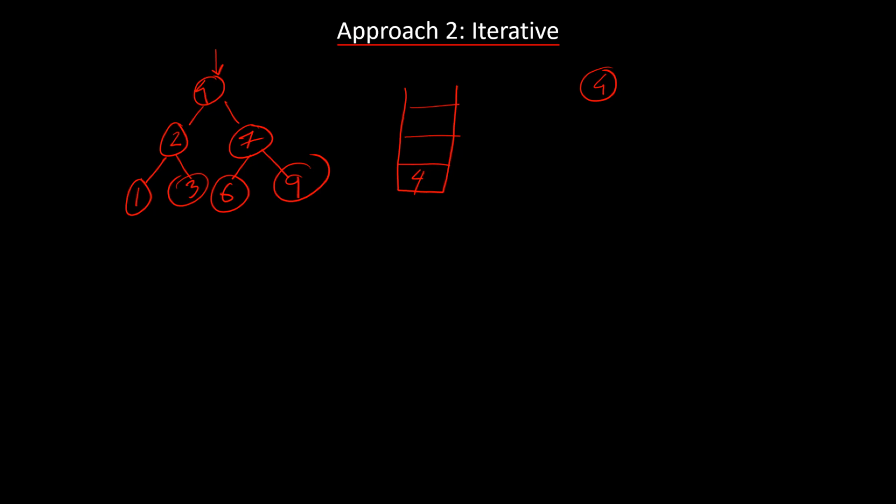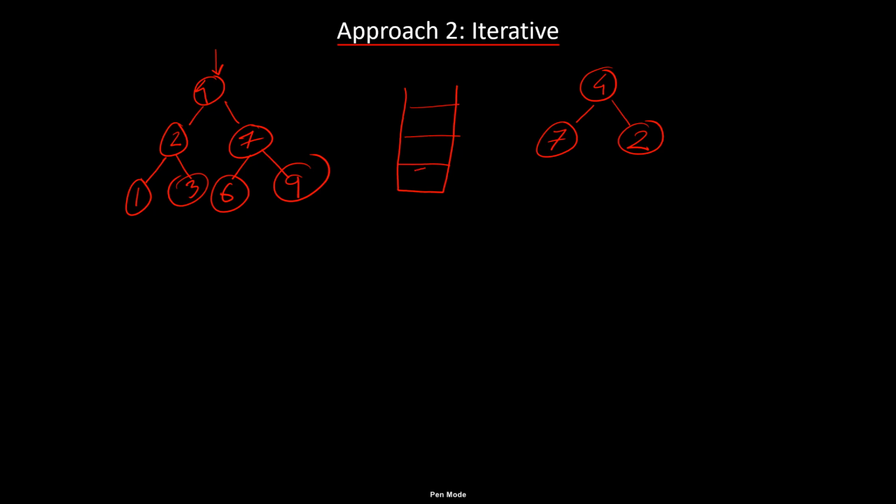Then I want to swap the children for 4, which is 7 and 2. Then I want to keep the children into the queue. So I already popped out the 4.